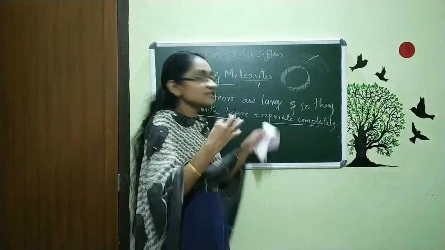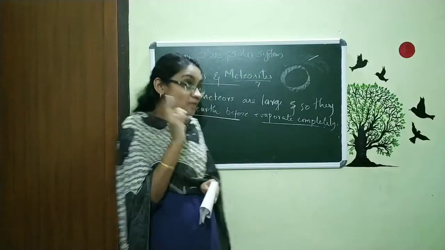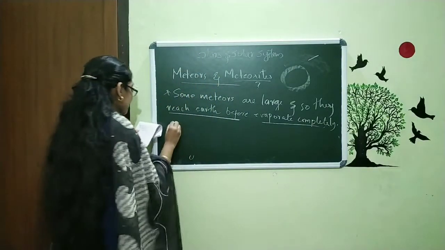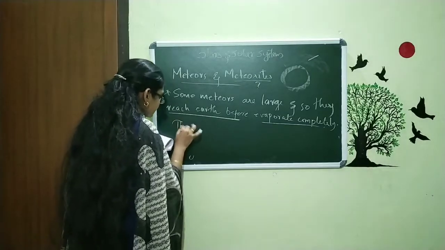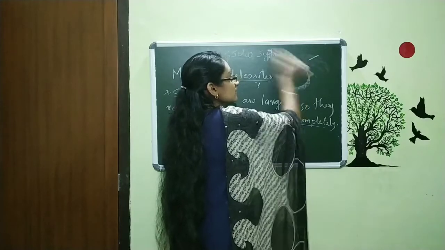We said that with friction it will evaporate fast. But because of the large size, some meteors do not evaporate, and the body reaches the surface of the Earth.